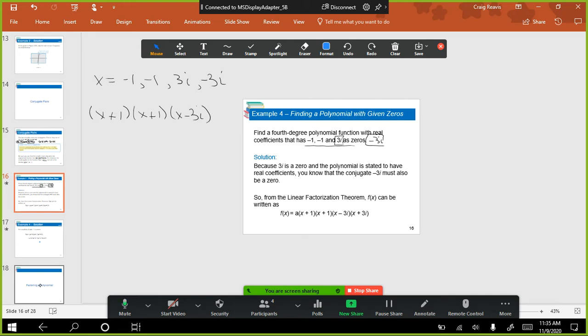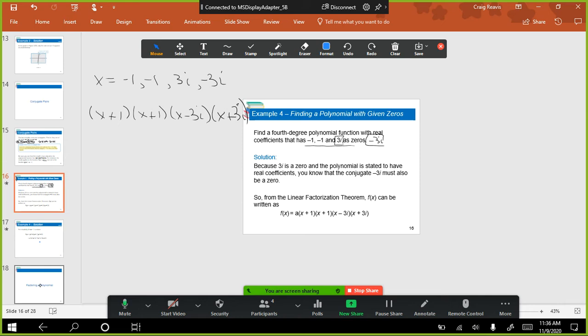And -3i comes from x plus 3i. Okay? So those are all my factors of the function. So to find my polynomial, all I have to do is multiply all that out. Okay? I have to FOIL it all back out.